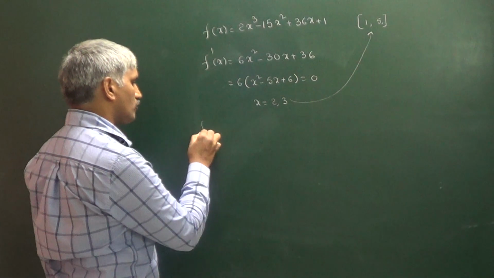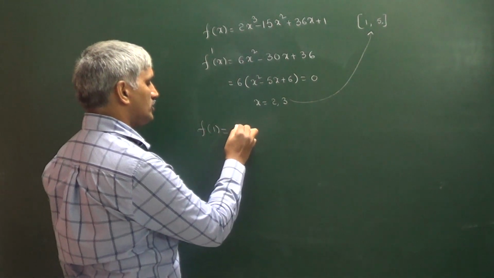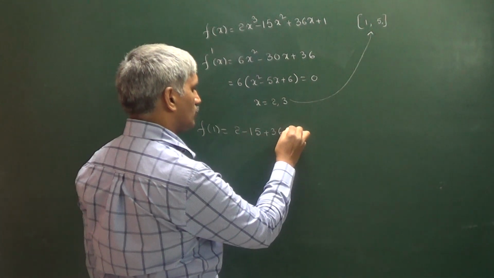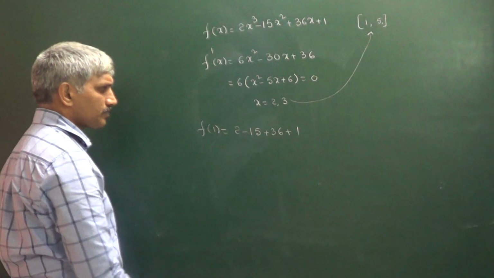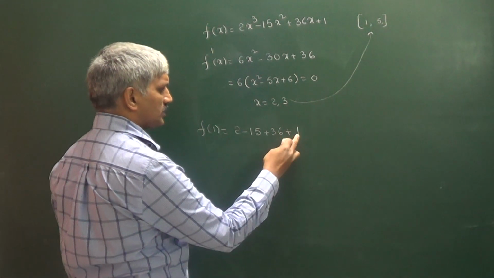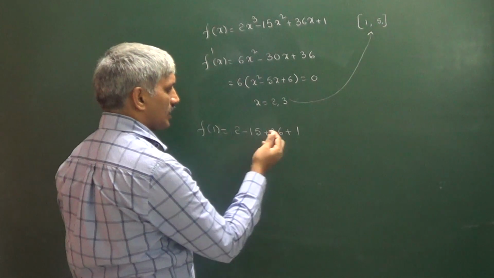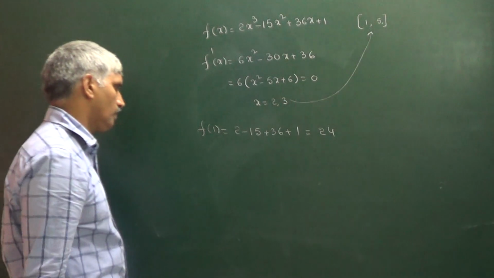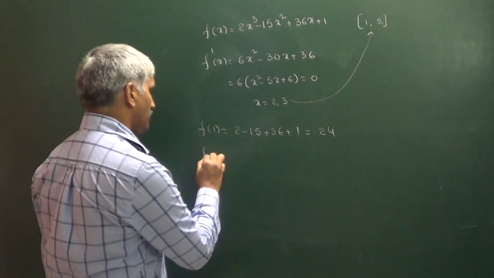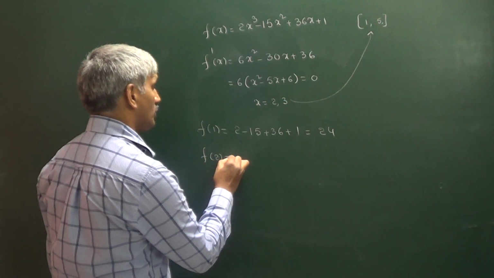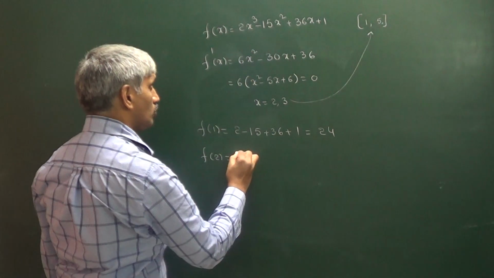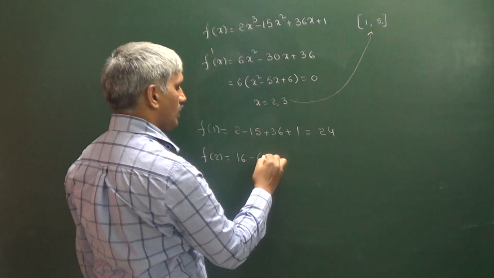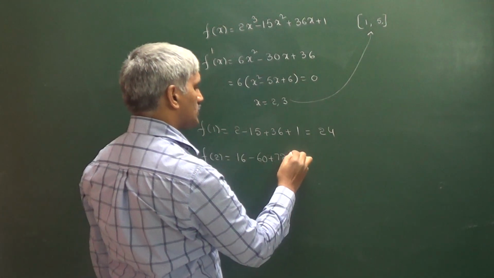Now what to do? We have to find out f of 1. f of 1 is equal to 2 minus 15 plus 36 plus 1. That is f of 1 value. So that is nothing but 37 plus 2, 39. 39 minus 15, you will get 24. Right? Next we have to find out f of 2. f of 2 is equal to 2 into 2 cube, that is 8 2s are 16, minus 60 plus 72 plus 1.